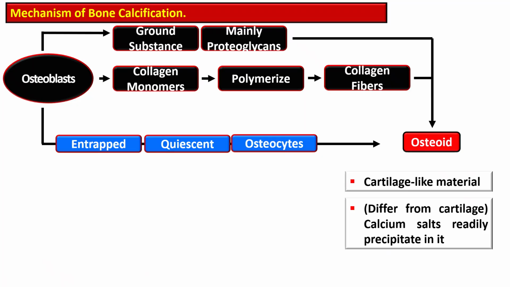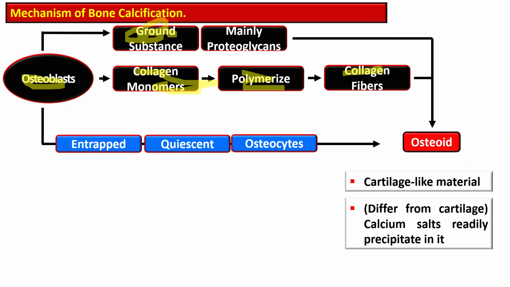The osteoblasts are specialized bone-forming cells. They secrete monomers of collagen, and these monomers then polymerize to form the collagen fibers. They also secrete ground substance, which is mainly proteoglycan such as chondroitin sulfate and hyaluronic acid.